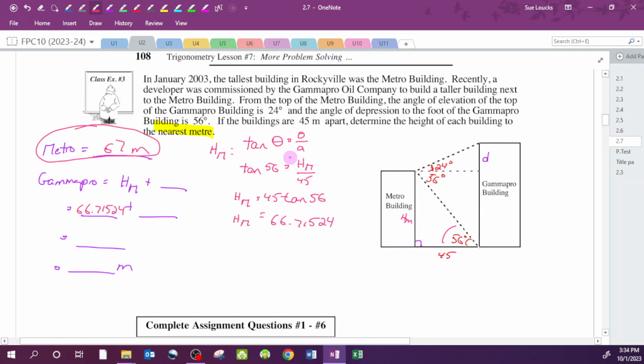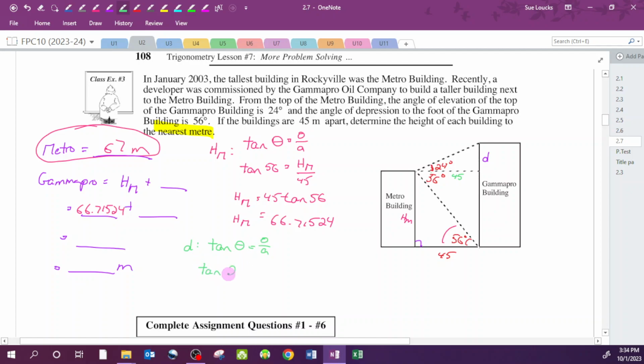Okay. And now I need to find D. So I'm looking at this smaller triangle. Remember, this distance here is also 45, right? Because we're assuming the buildings are both perpendicular to the ground and parallel to each other. Otherwise, the city starts falling over. So to find D, it's again tan theta is opposite over adjacent.